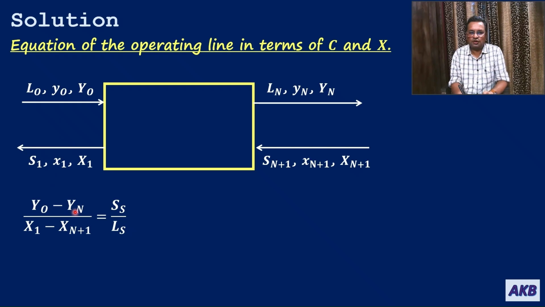Yn is weight fraction of solute on solute free basis in the outlet stream. X1 is weight fraction of solute on solute free basis in the adsorbent phase that is coming out of the operation. And then Xn plus 1 is weight fraction of solute on solute free basis that is entering the operation. Ss is the mass flow rate of the solid adsorbent in the adsorbent phase. Ls is the mass flow rate of unadsorbed component in the feed solution.